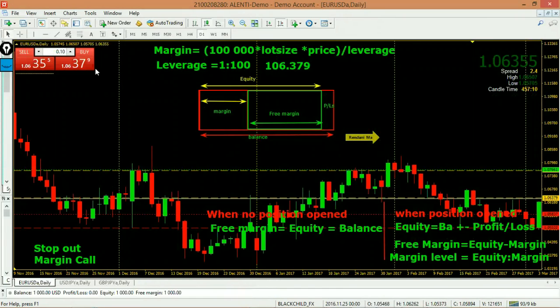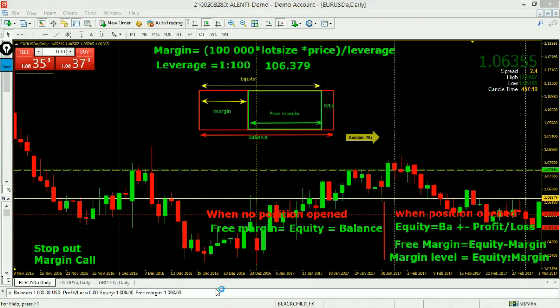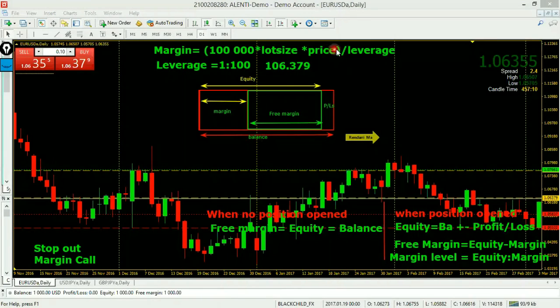It's more attached to how you do your risk strategy, because for the lot size you choose, you must consider the leverage of your account, because that leverage determines your margin. It determines how much the broker will require you to hold to maintain that position.